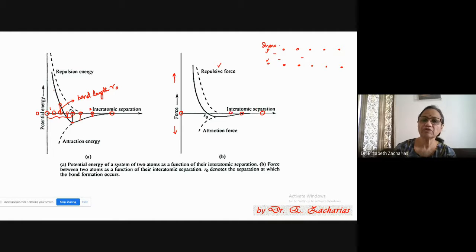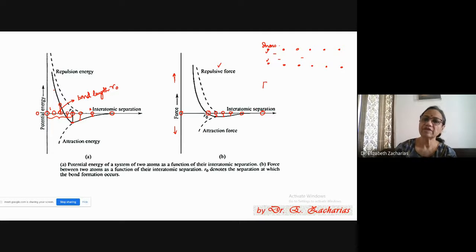When you bring them here, you find that the attractive force starts dominating, and there is no repulsive force in this region.